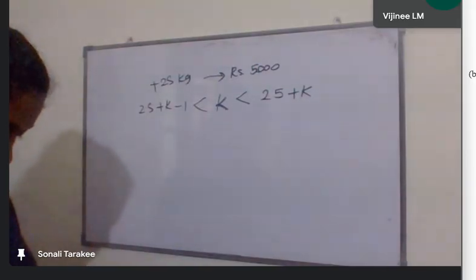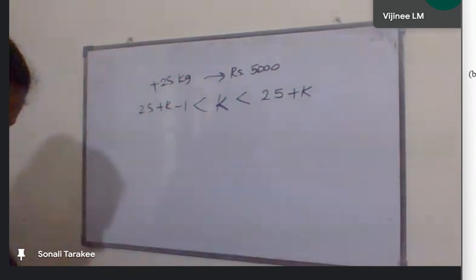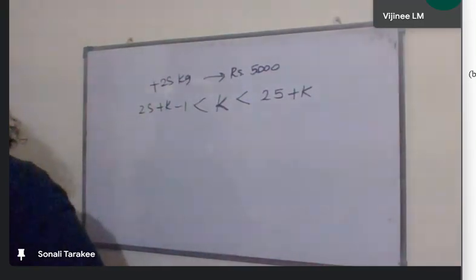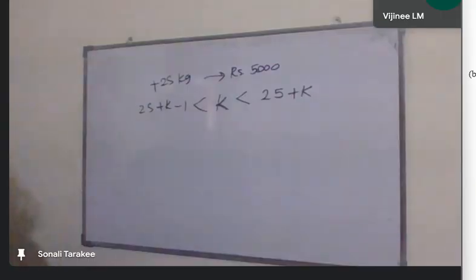They are asking if C denotes the excess baggage charge in 1,000 rupees for a randomly chosen passenger, find the probabilities. Okay. This one we'll do.